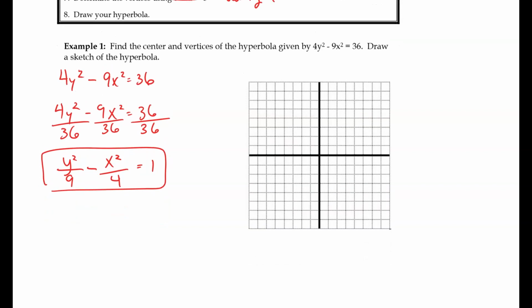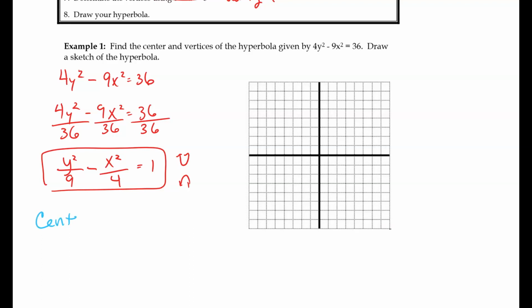Now, what does this tell me? Well, first of all, since y squared is the positive term, I know that this is opening up and down. This also allows me to quickly calculate the center.